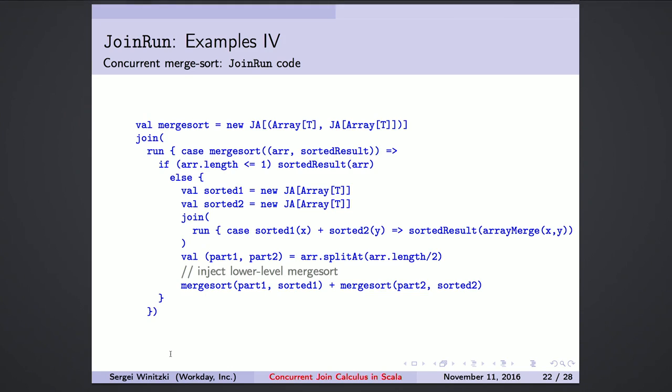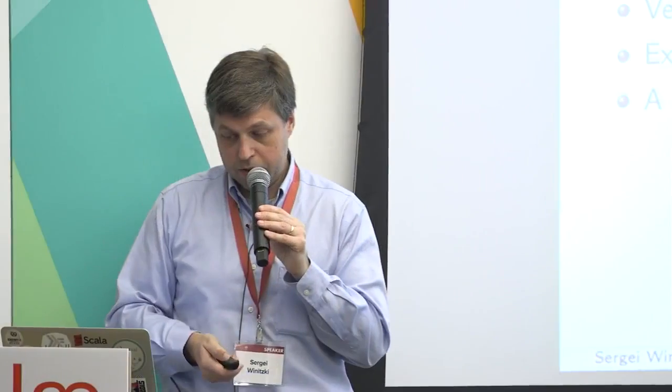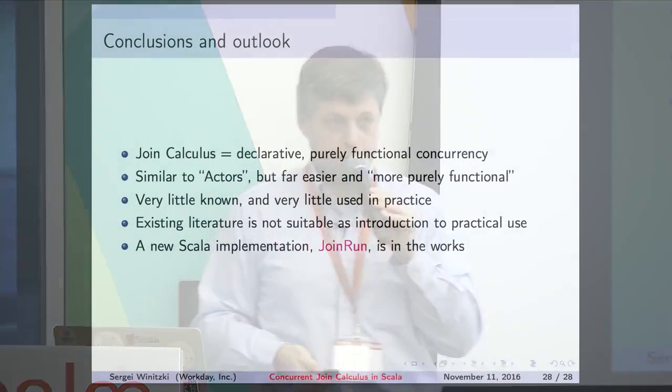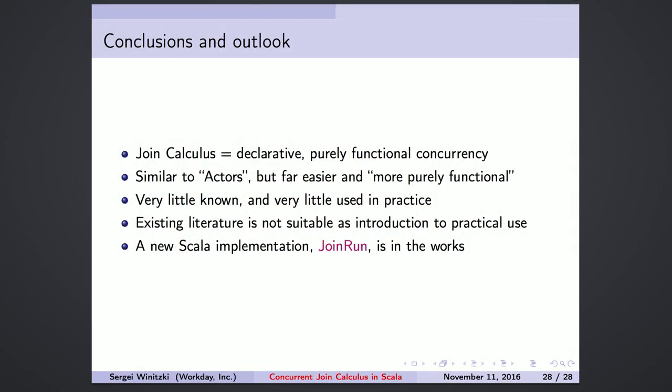I'm out of time, but let me just give you the conclusions. Joint calculus is the best ever declarative, purely functional concurrency model, which is more purely functional than anything else you've ever seen. And actors is just complicated, and you don't want to use that ever.